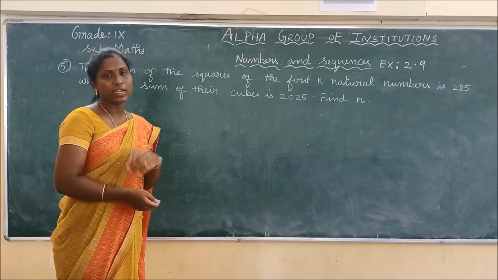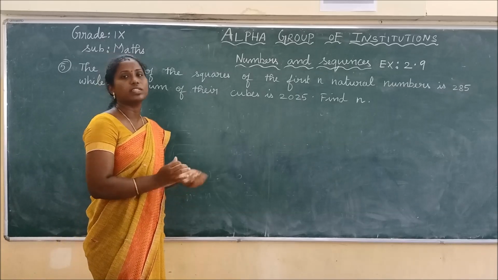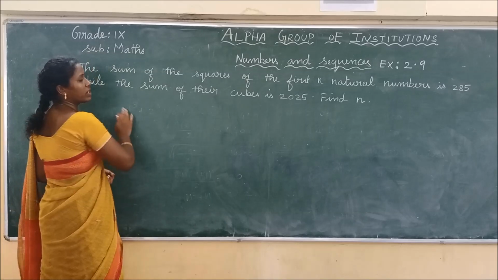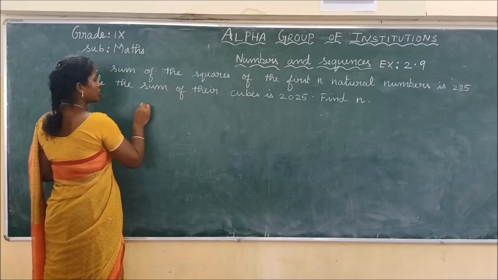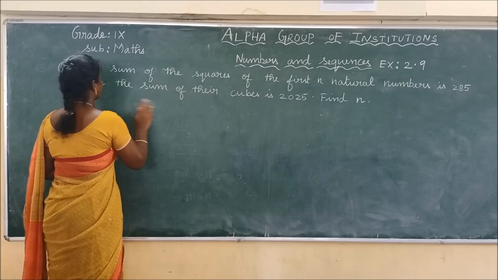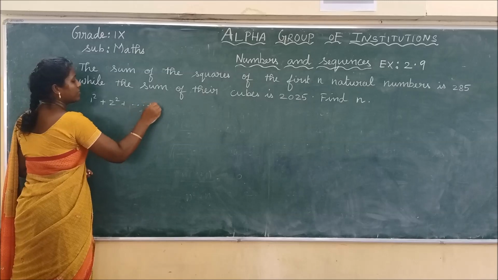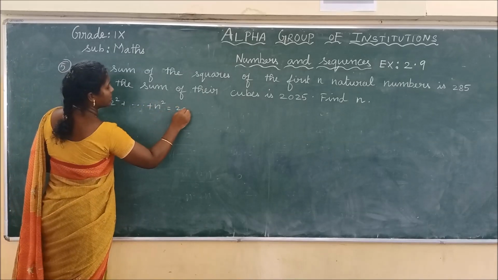We can take any one and solve, but here two conditions are there. So using both conditions, we will solve and find the value of n here. So what is given in the question here? The squares of natural numbers, that is 1 square plus 2 square plus and so on up to n square for the first n natural numbers is equal to 285.